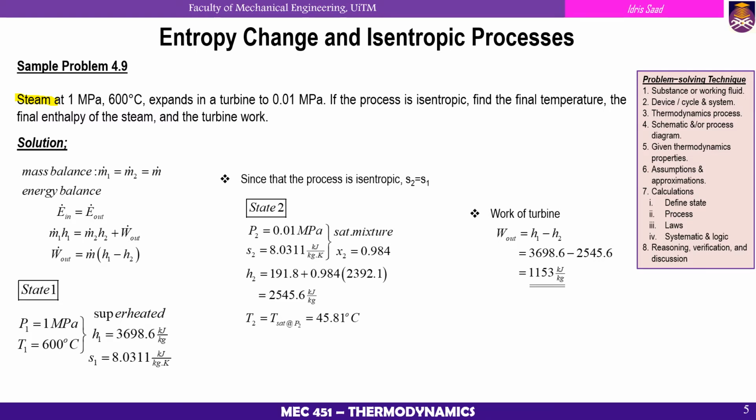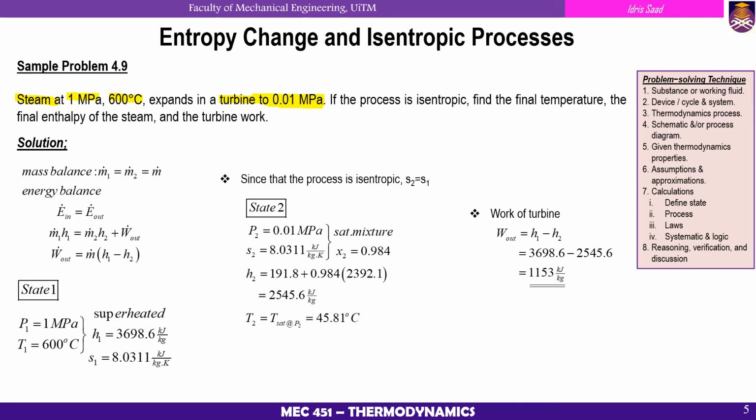Please do remember that in our study, we only have three types of substance. The first one is water. The second one is refrigerant R134a. And the third one is ideal gas. Given a pressure of 1 megapascal, which is equal to 1000 kilopascal, and 600 degrees Celsius, steam expands in a turbine to 0.1 megapascal.